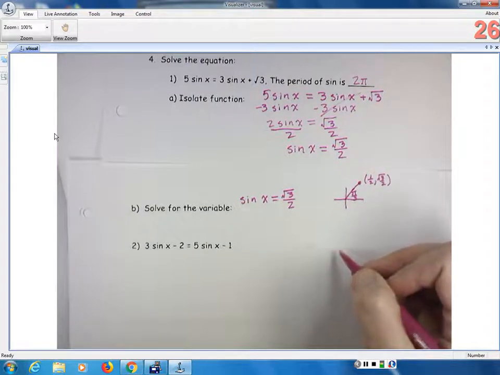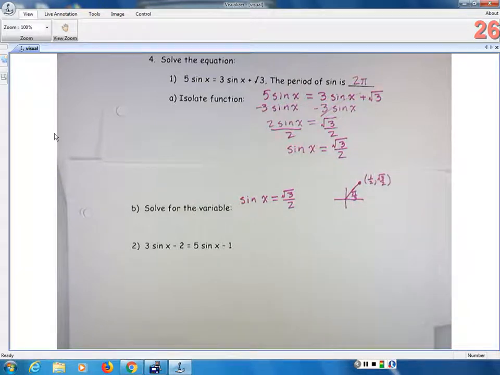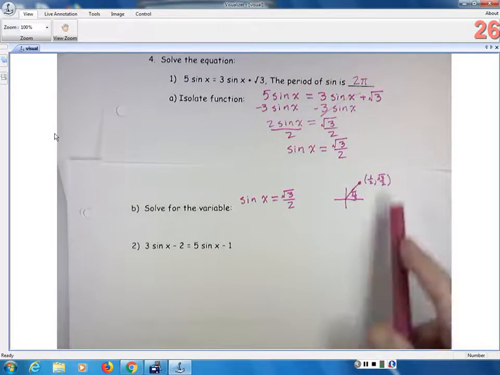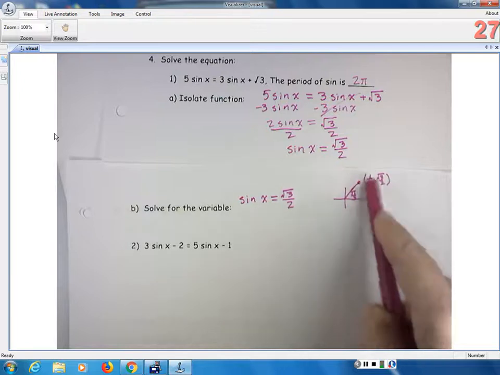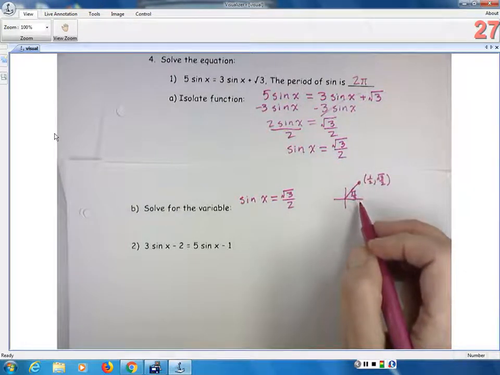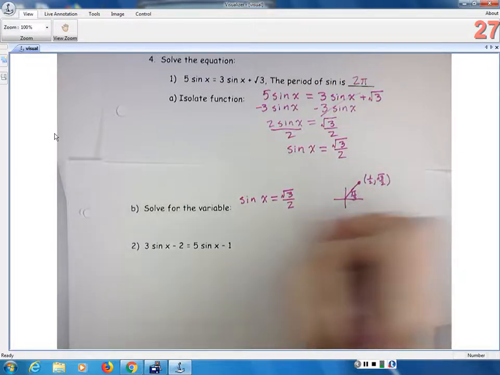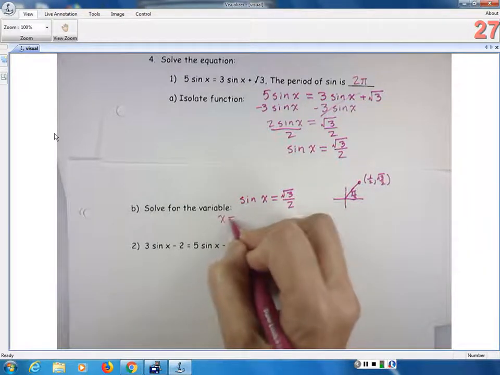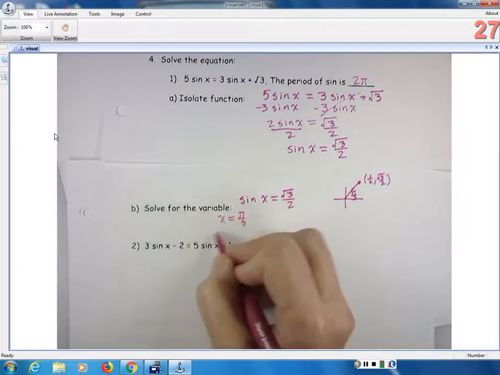This is kind of what I meant by sketching the unit circle. You don't have to put all the numbers in, just show where it is. This one's pretty simple, but the reference angle, x equals pi over 3, is the reference angle.